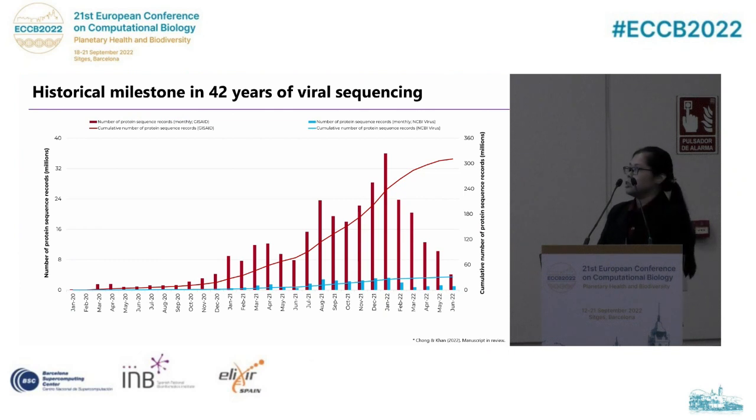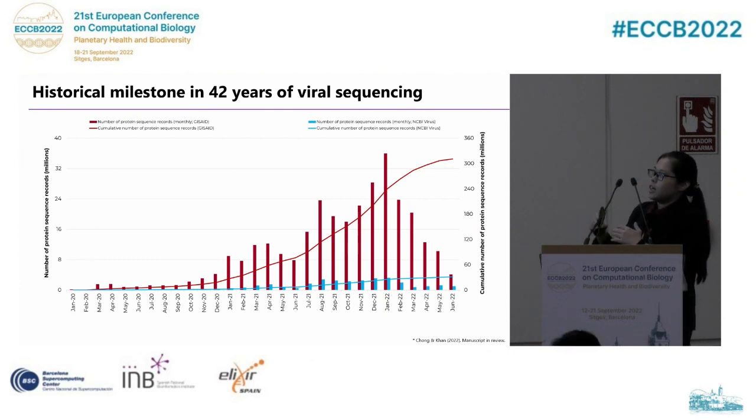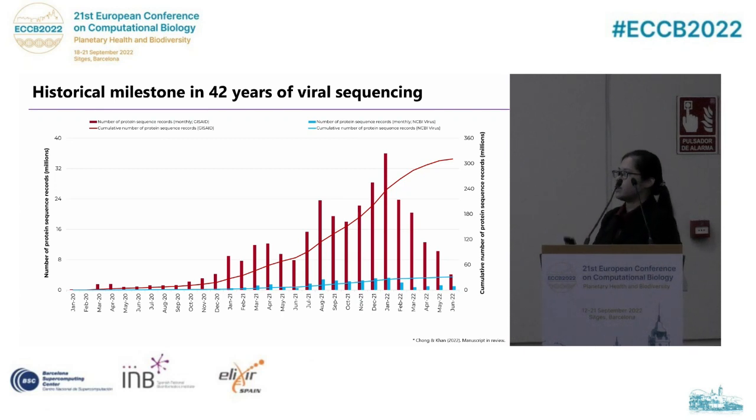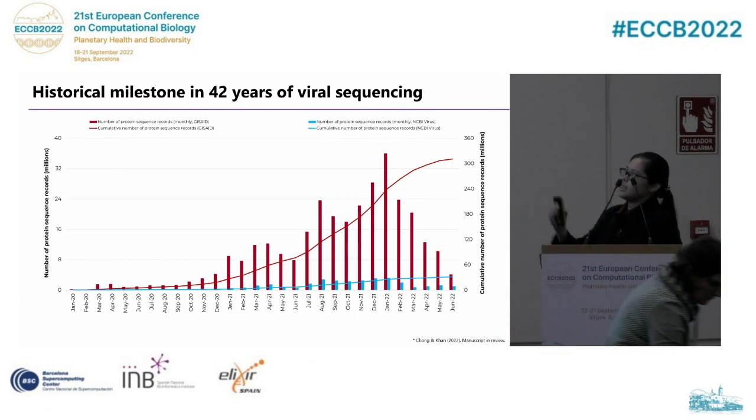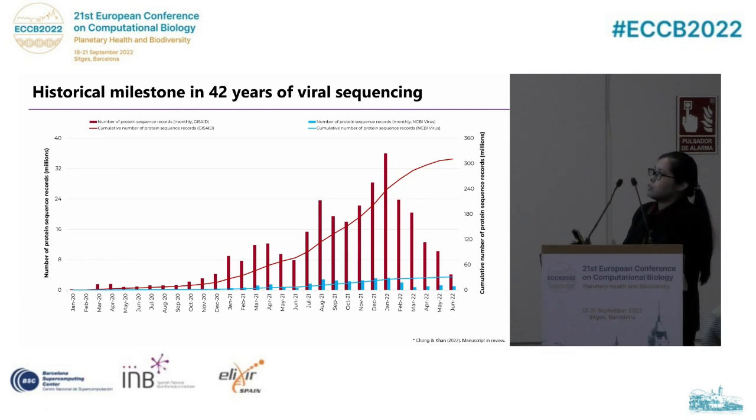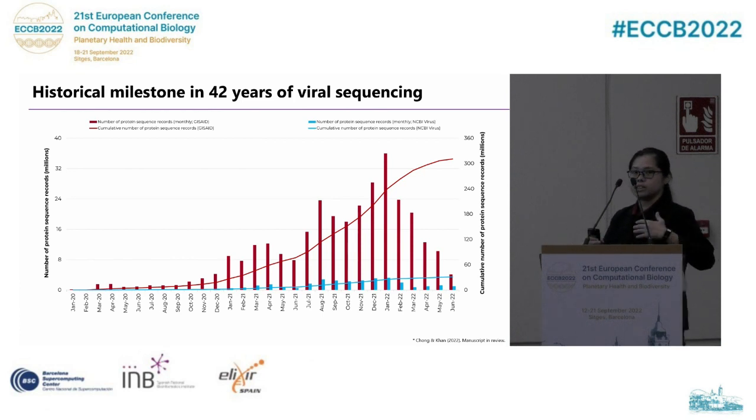As we all know, the data tsunami, thanks to the advance in the genomics and proteomics approaches, the concerted sequencing efforts of SARS coronavirus 2 have remarkably reached a historical milestone in viral sequencing as the fastest and the single largest source of the data growth.